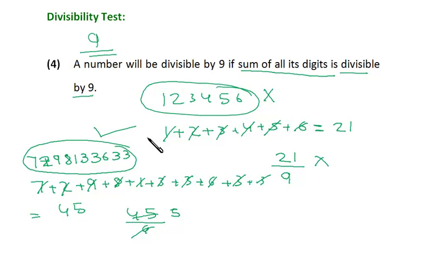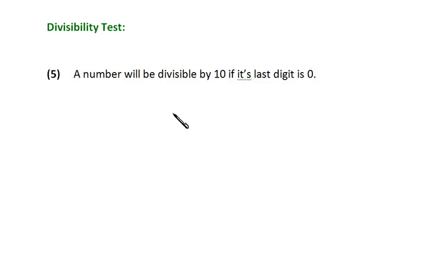Now we'll go to the number 10, right? So this is the divisibility test rule of the number 10, right? So a number will be divisible by 10 if its last digit is 0. Now this rule we already know, right? It's very easy. We've been learning it from junior classes, like from 3rd, 4th, right?